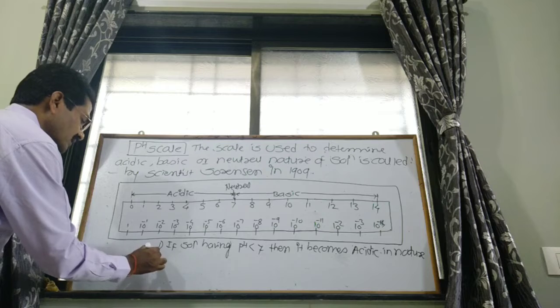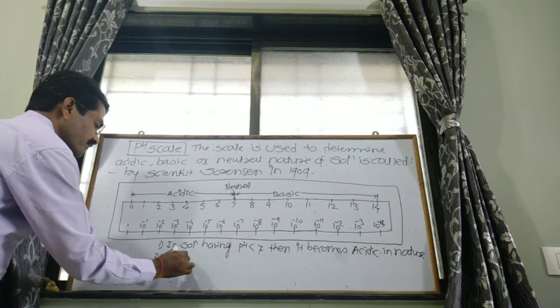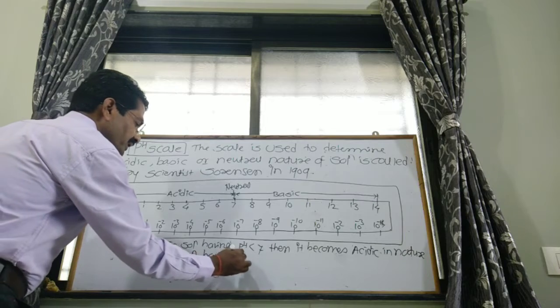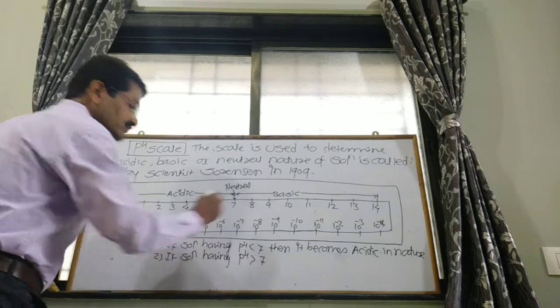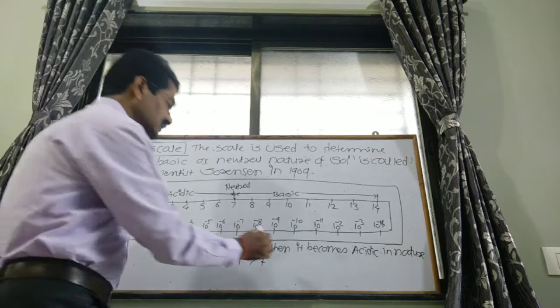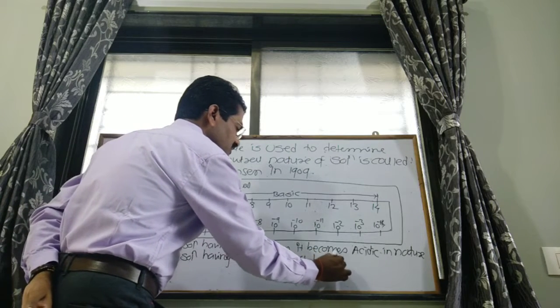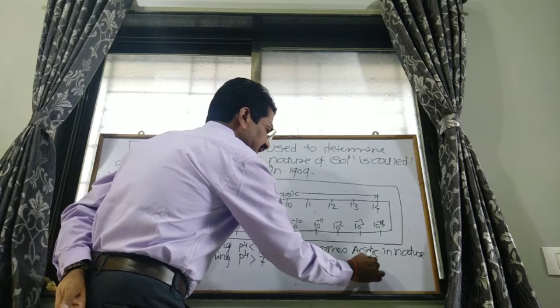Second, if a solution has pH greater than 7, more than 7, then it becomes basic in nature.